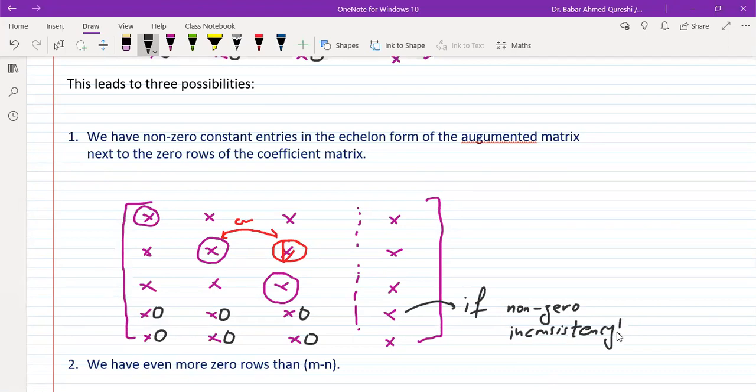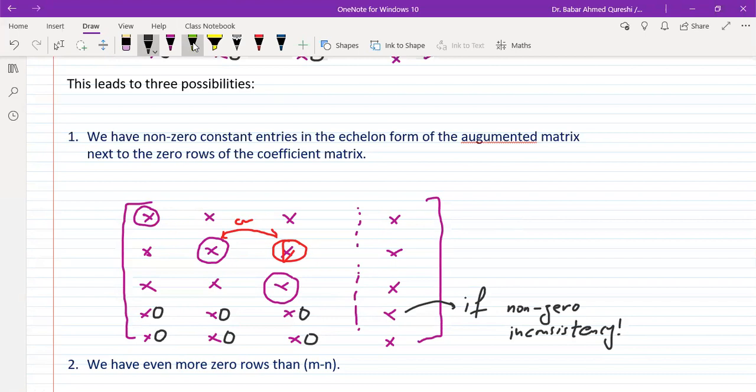So what we have seen is that m minus n rows in the coefficient matrix have to be 0. This will always turn out to be true. But on the other hand side, it depends on the numbers. So for very special numbers, you will get zeros. Otherwise, you will get some non-zero number.